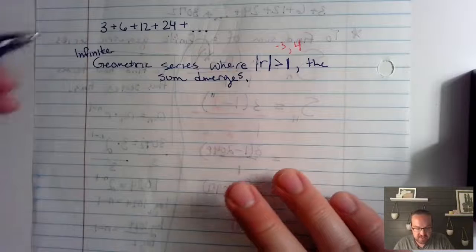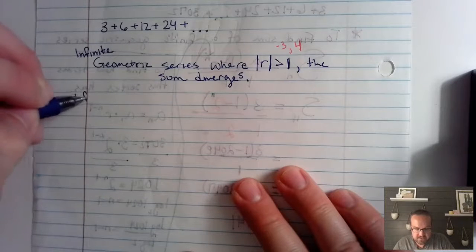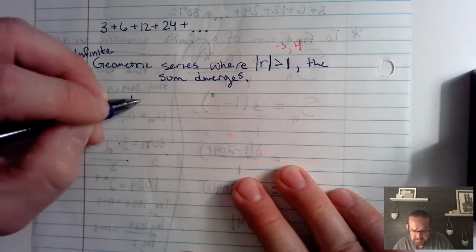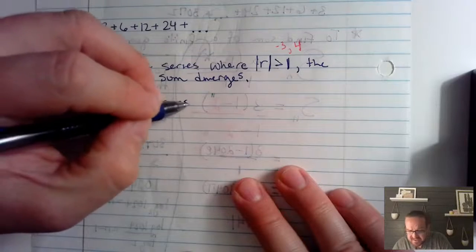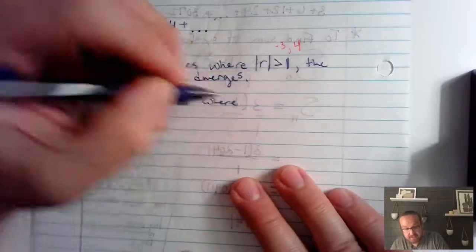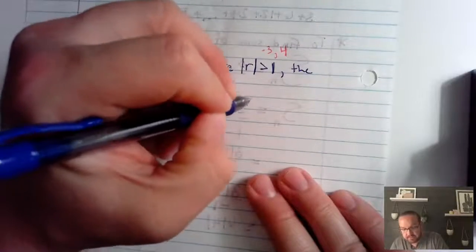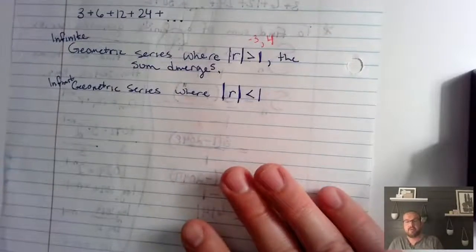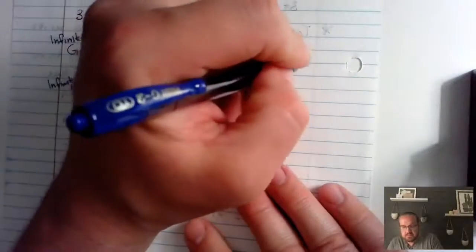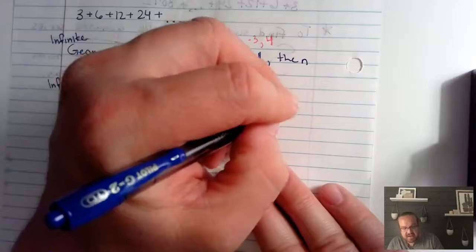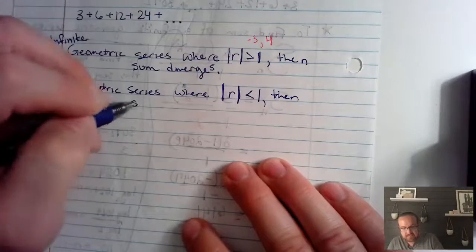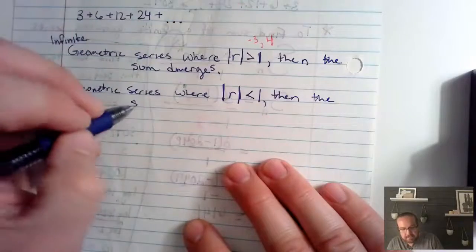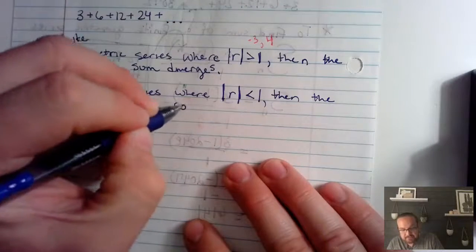The other thing that can happen with an infinite geometric series is if r, or the absolute value of r, is less than 1. Then the sum converges.